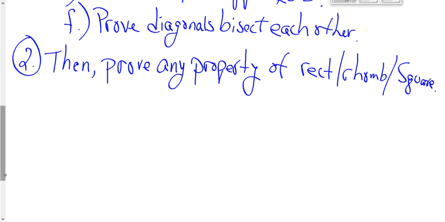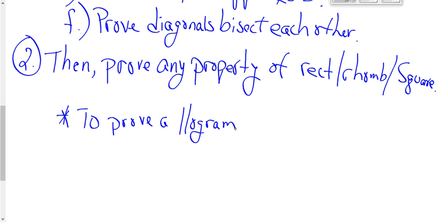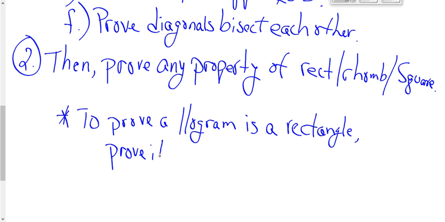So caveat to that would be: prove rectangle, prove parallelogram with one right angle, okay? To prove a parallelogram is a rectangle, okay? Just prove it's a parallelogram with one right angle. So just prove it has one right angle, and you're done.